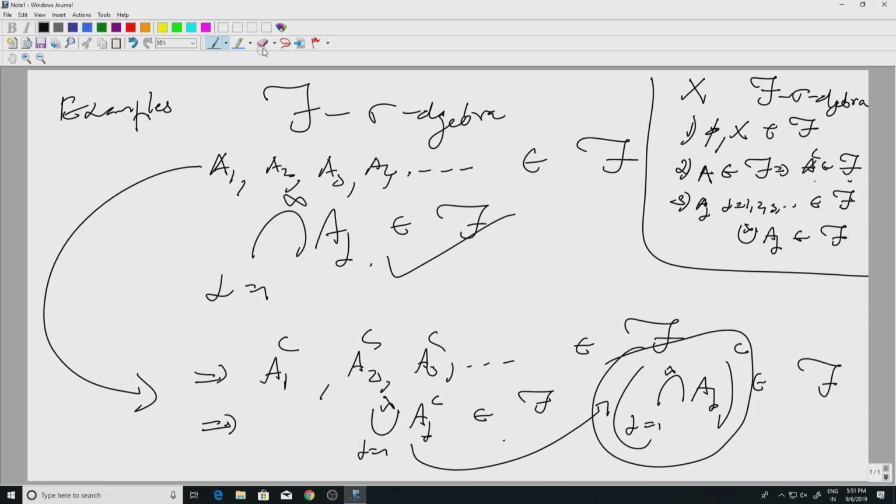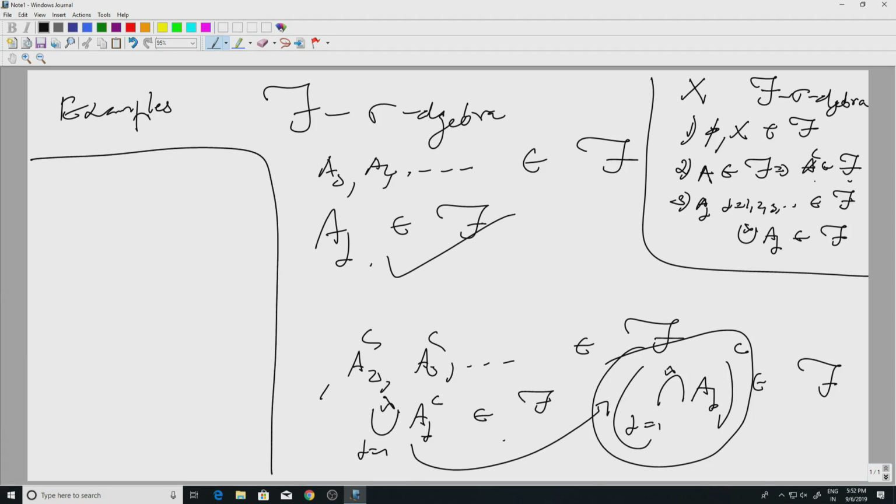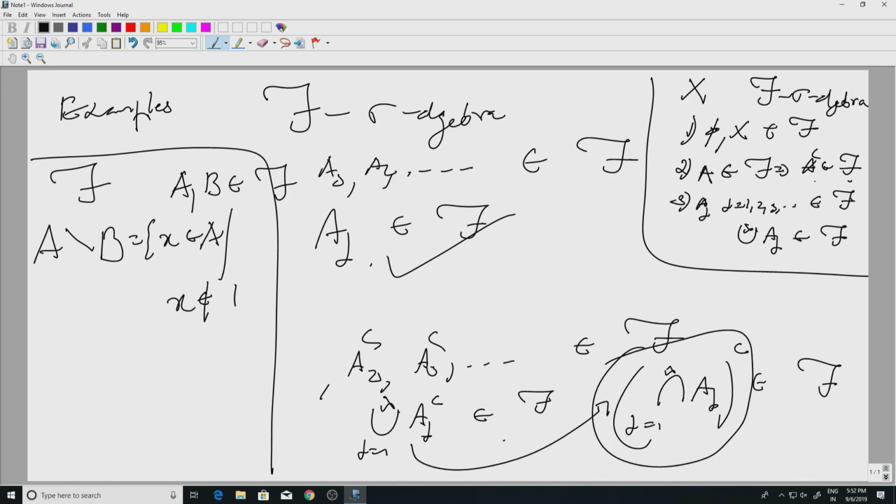For example, you can look at two sets A, B in script f. Then A minus B, what is A minus B? These are all points in A which are not in B, right. This will also be in script f. Why is that?